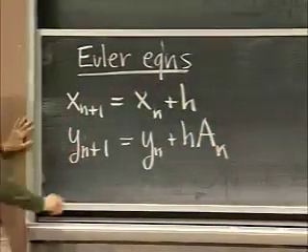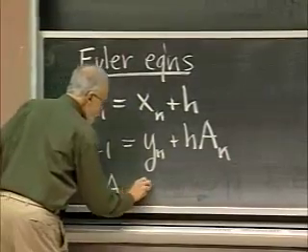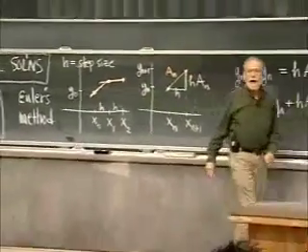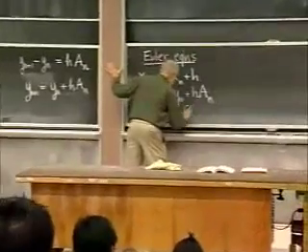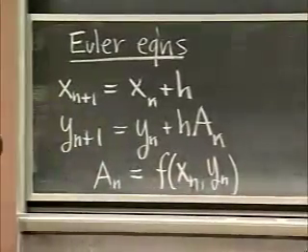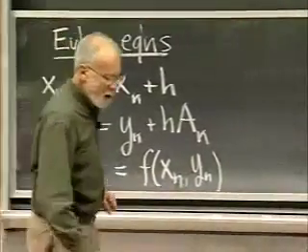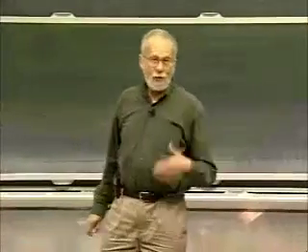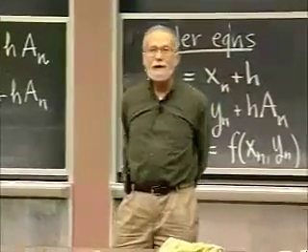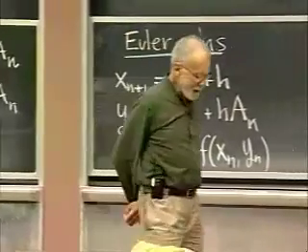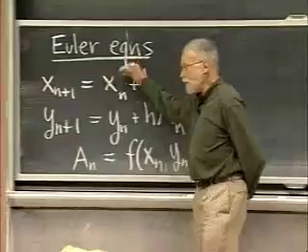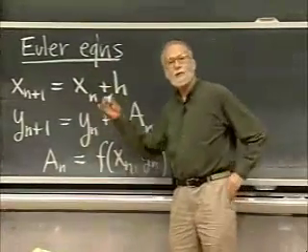And finally, an is the slope of the line element here, and therefore, by definition, that's f of xn, yn. So it's these three equations which define Euler's method. You must be asked at some point in the term, as an exercise, to program the computer in C or whatever they're using, Java now, I guess, to do Euler's method. And these would be the recursive equations that you would put in to do that.